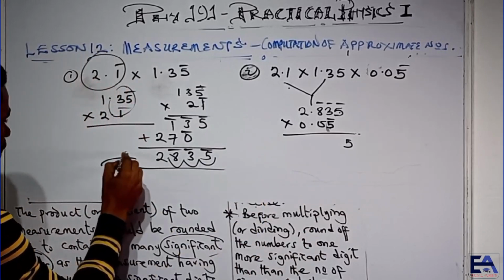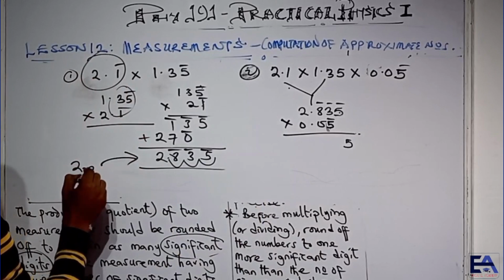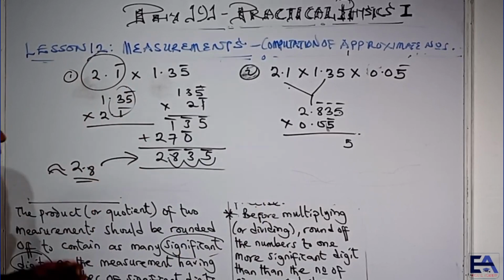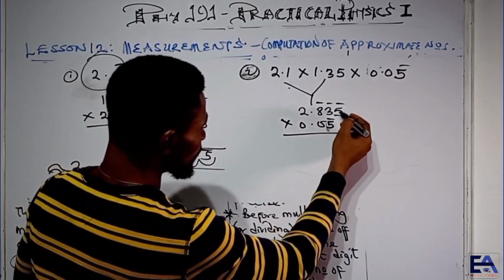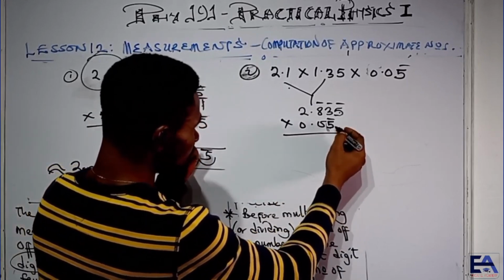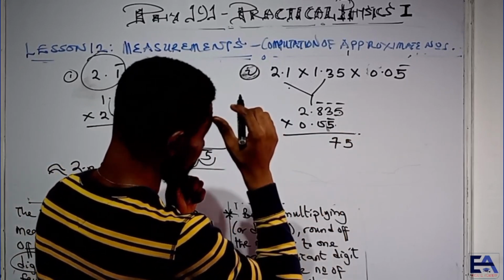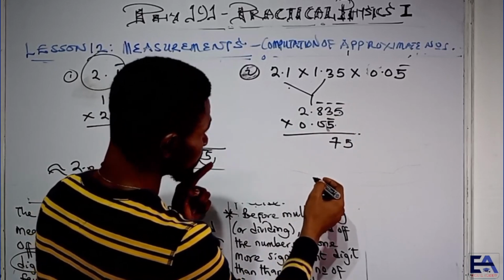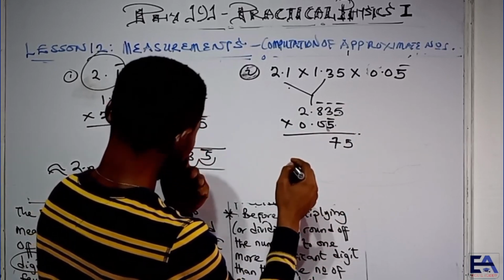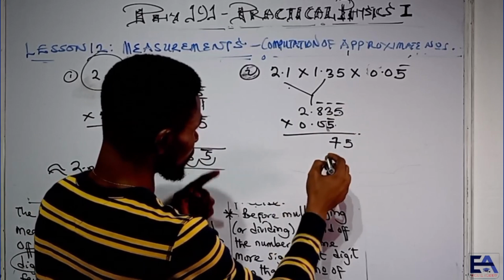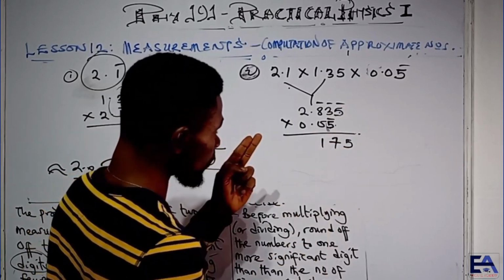Okay, so let me see. This is 2.8 approximately. Now, let's do 5 times 5 is 25. 5 remainder 2. 5 times 3, 15 plus 2, 17. Remainder 1. 5 times 8, 40, plus 1, 41. Remainder 4.